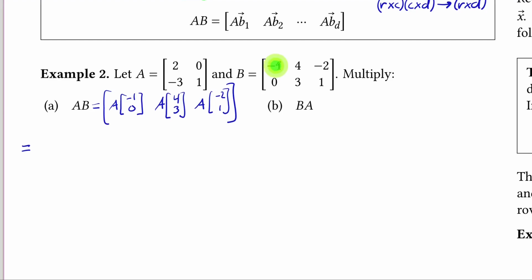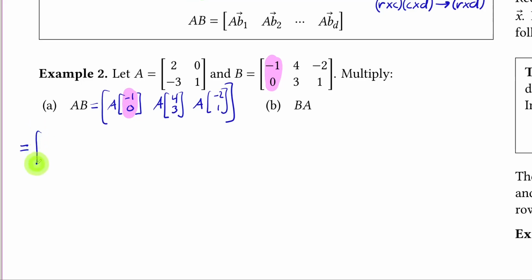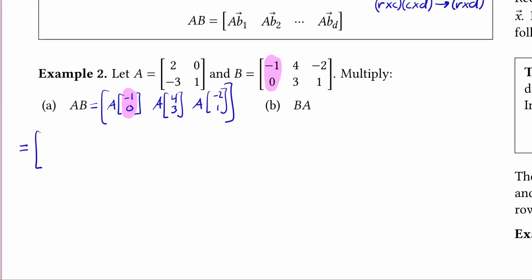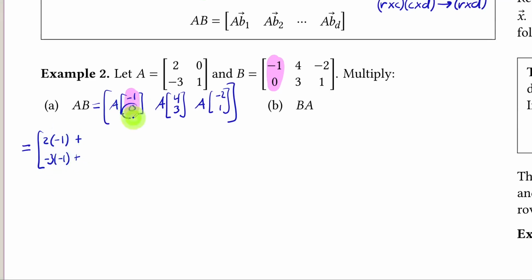Remember, each time we're going to be taking a linear combination of the columns of A using the corresponding entries in the vectors from B as weights. So for example, the first one, we're going to do negative 1 here times the first column of A, which I'll write like so, plus this 0 times the second column of A. And that's what we get, like so.